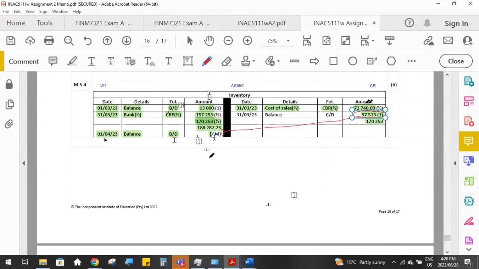It looks like they had a problem here. Yes, okay, this should have been, and I've corrected it on my side. That's not 188. The balance brought down was 97,513.